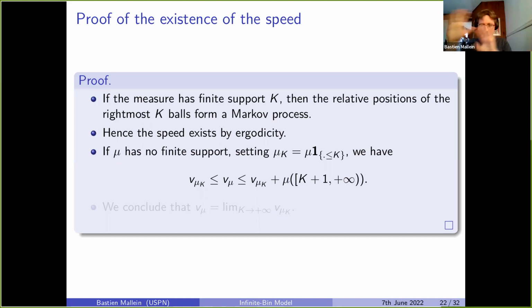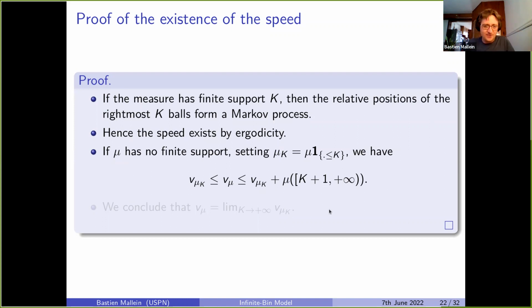So I introduce a lot more particles. But this shift only contributes some deterministic speed, which is mu of k plus 1 to infinity. And this quantity will be as small as you wish when k goes to infinity.